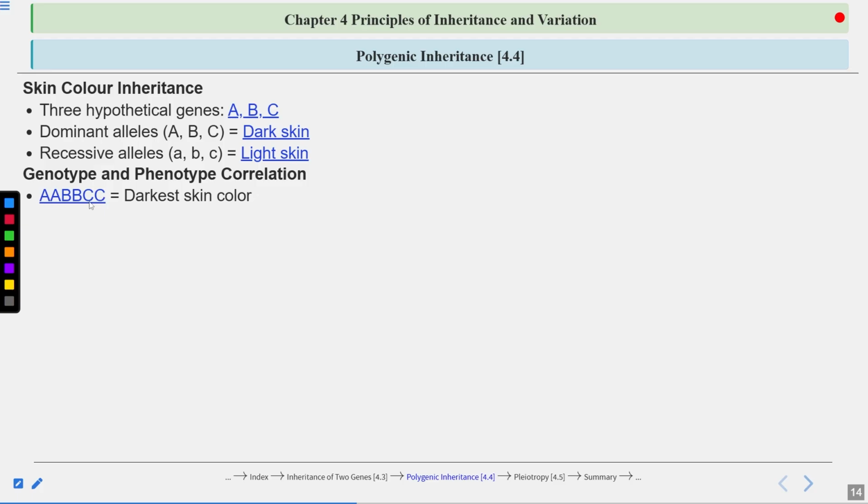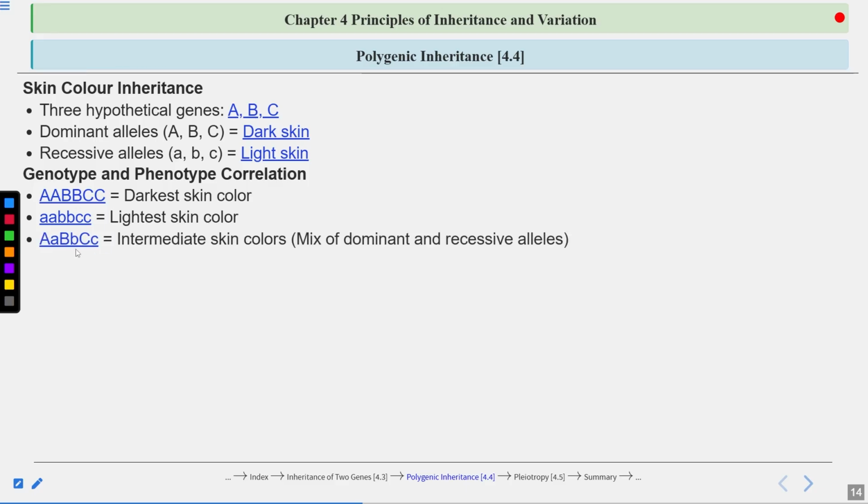When all the dominant alleles are present, the skin color will be darkest. When all the recessive alleles are present, the skin color will be lightest. But in the heterozygous condition, capital A small a, capital B small b, capital C small c, you will get an intermediate skin color, as there is a mix of dominant and recessive alleles.